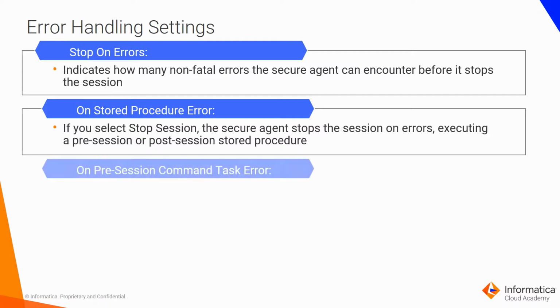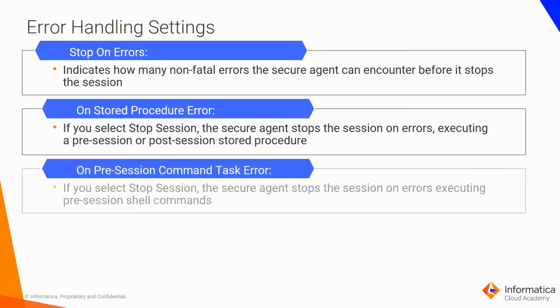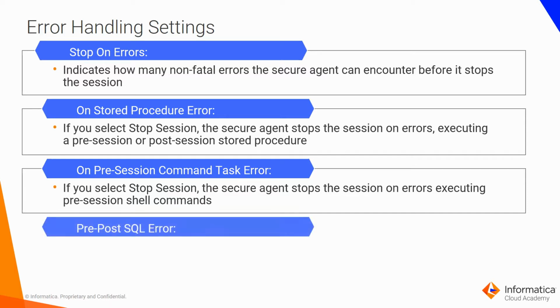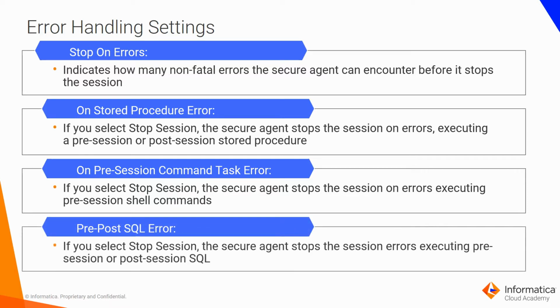On pre-session command task error: if you select Stop Session, the integration service stops the session on errors executing pre-session shell command. Pre-post SQL error: if you select Stop Session, the integration service stops the session on errors executing pre-session or post-session SQL.